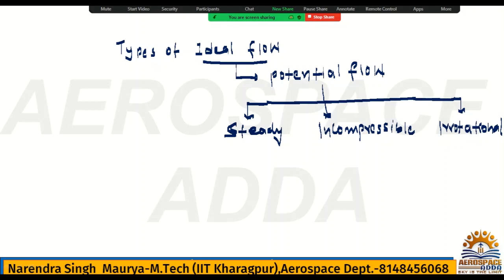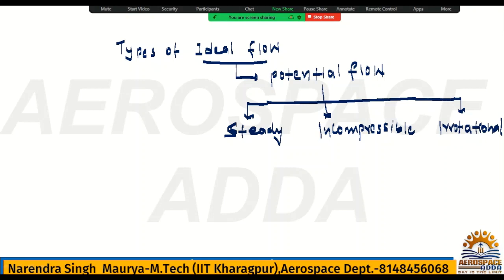In the vortex flow also two types, free vortex and forced vortex. Doublet flow, that is the combination of source and sink flow. Rankine half body, Rankine full body, and cylindrical flow: non-rotating cylindrical flow, rotating cylindrical flow. So all this type of flow we have to cover in types of ideal flow.